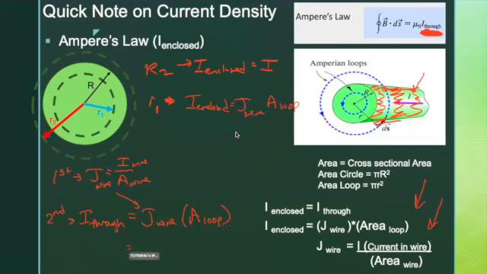So in this case, right up here, we would have I divided by pi R squared, I divided by pi capital R squared. And now the area of our loop is going to be pi r1 squared. Pi's cancel, and so you're left with r1 squared over capital R squared times I as our I through. All right.